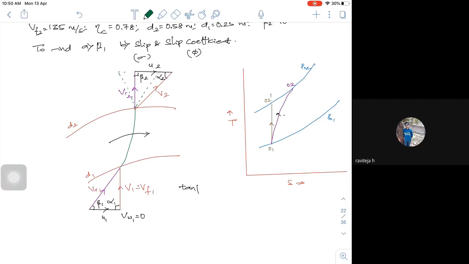So this will be my beta 2 dash, and I could see my VW2 dash is going to change something like this.